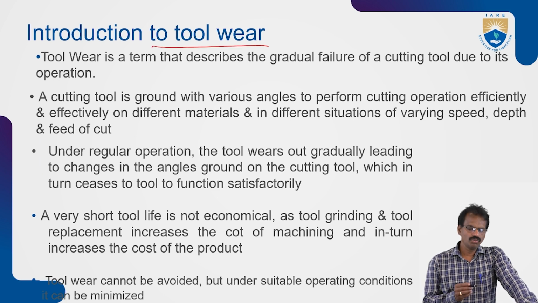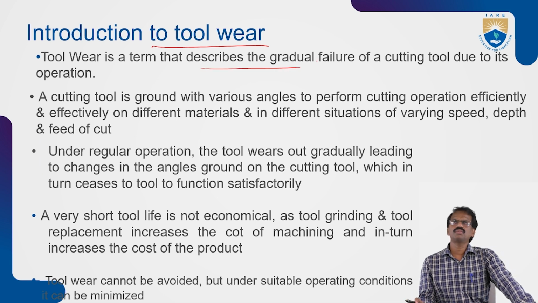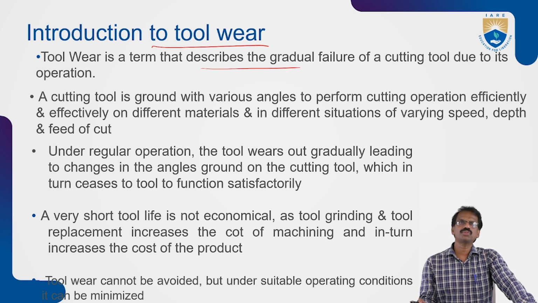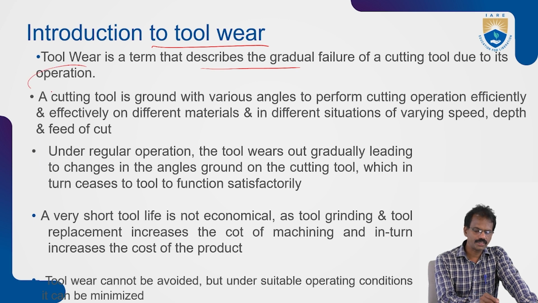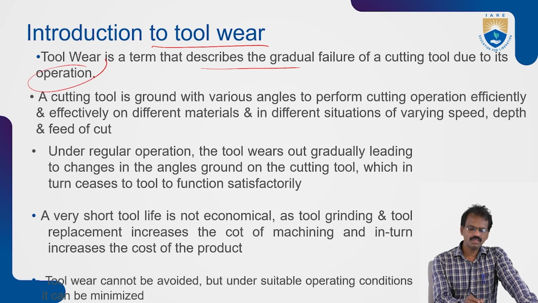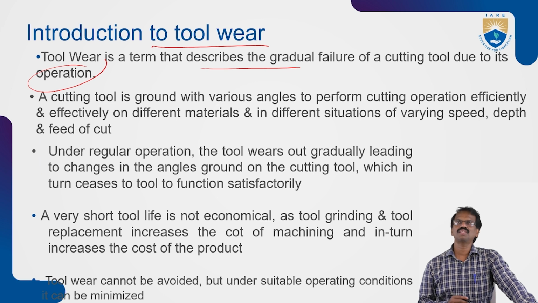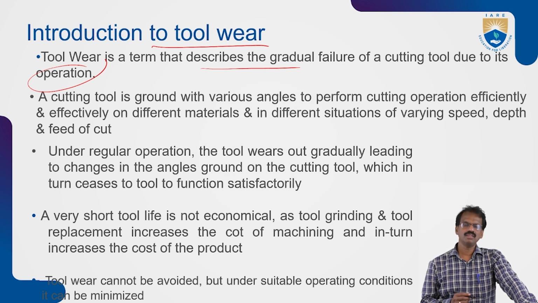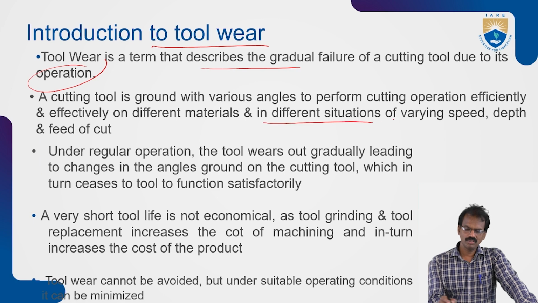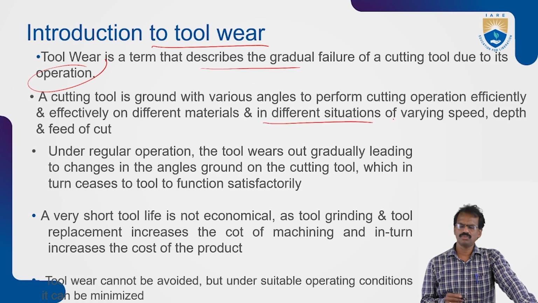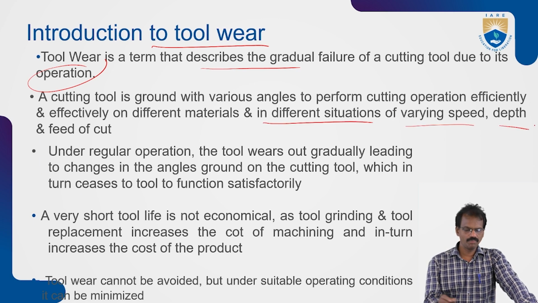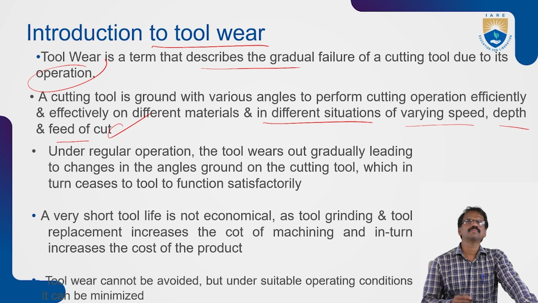Wear rate or tool wear is a term that describes the gradual failure of a cutting tool due to its operation. A cutting tool is ground with various angles to perform the cutting operation efficiently and effectively on different materials in different situations of various speed, depth, and feed of cut.